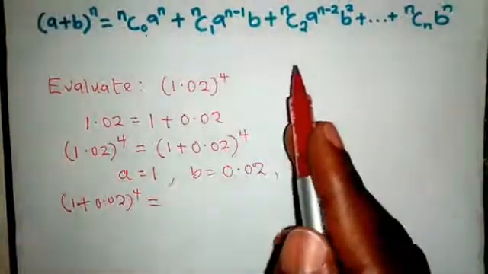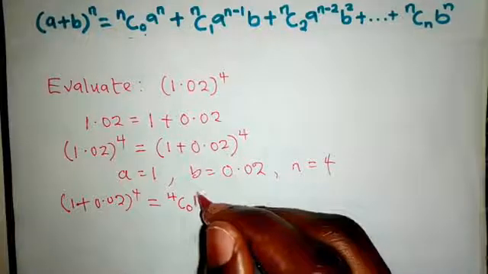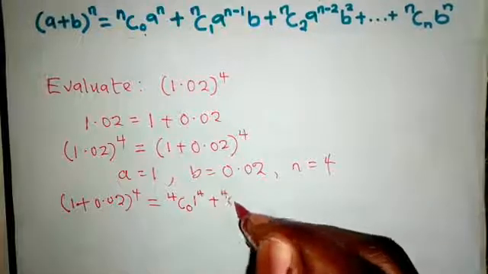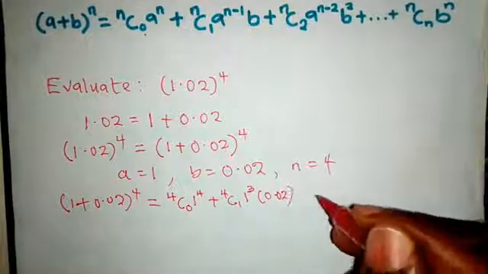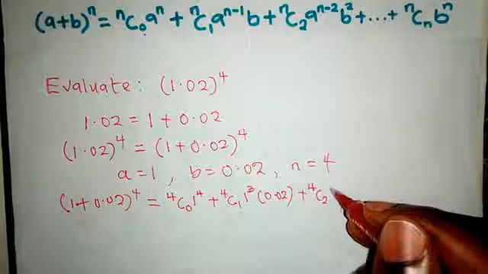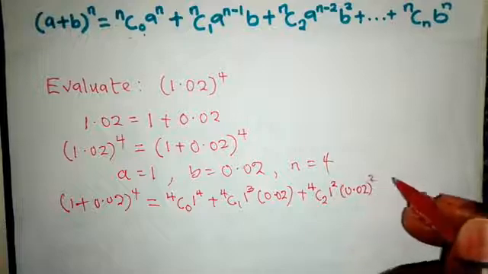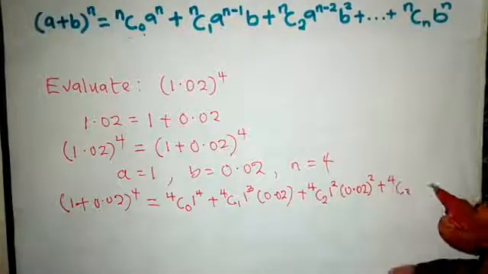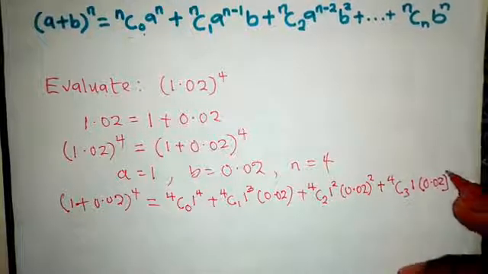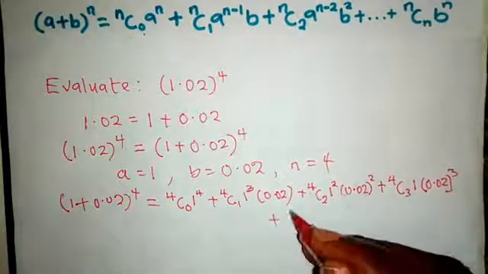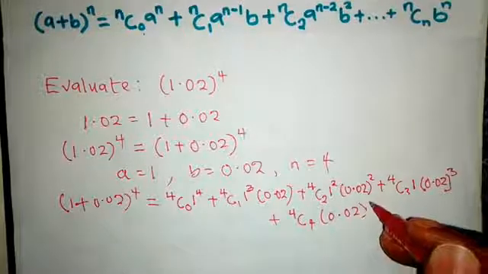the binomial theorem. So we have 4 choose 0, 1 to the power of 4, plus 4 choose 1, 1 to the power of 3, 0.02, which is our B, plus 4 choose 2, 1 to the power of 2, 0.02 to the power of 2, plus 4 choose 3, 1 to the power of 1, times 0.02 to the power of 3, plus 4 choose 4, 1 to the power of 0, 0.02 to the power of 4.